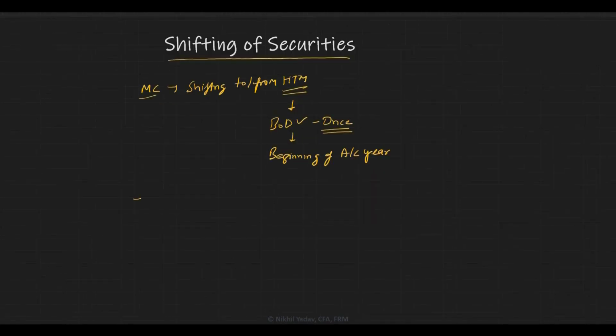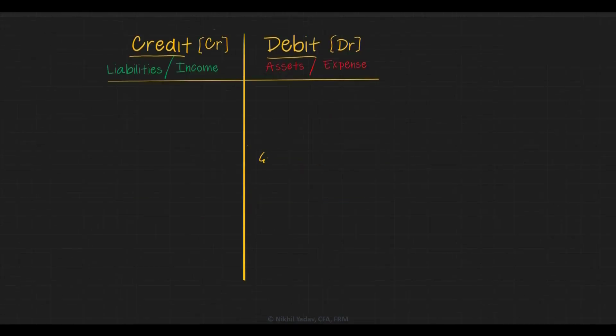So another important guideline that we need to be aware of is that transfer of scrips from one category to another under all circumstances should be done at the lower of book value and the market value on the date of transfer, and any depreciation while shifting the security at the lower of the two values across categories should be fully provided for.